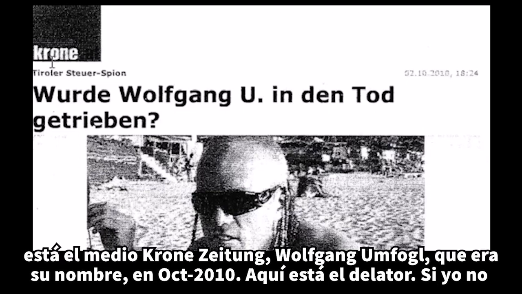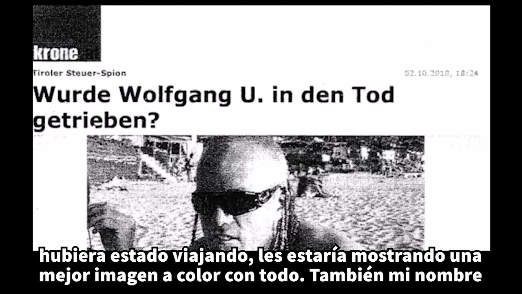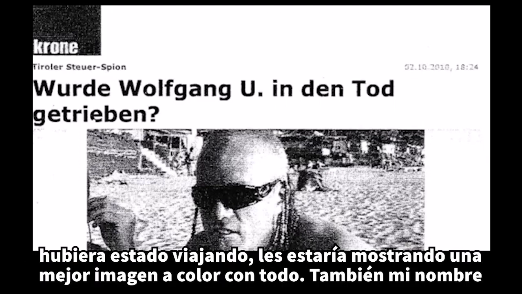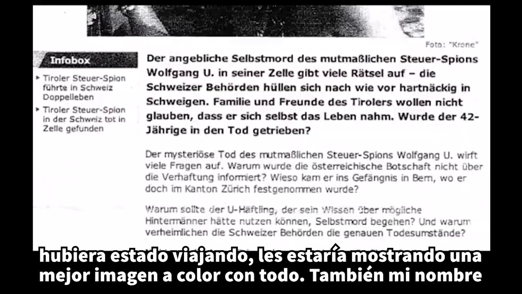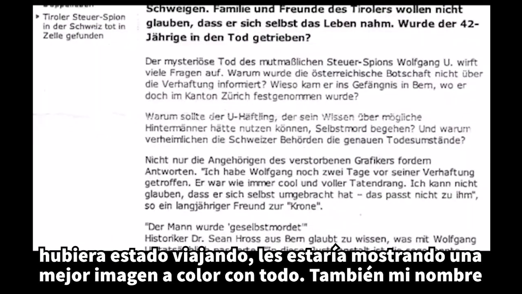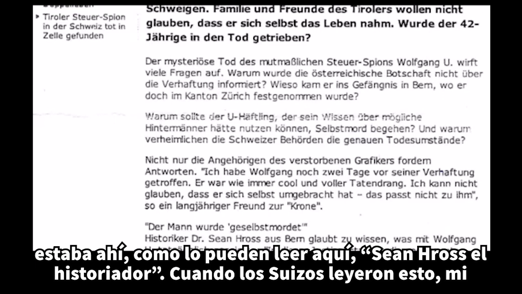So here's the Kronenzeitung, Wolfgang Umvogel was his name, October 2010. So here's the whistleblower. If I wasn't on the road, I could have shown you a better picture, in color and everything. So also my name was in it, as you can read here, Sean Hross, the historian.